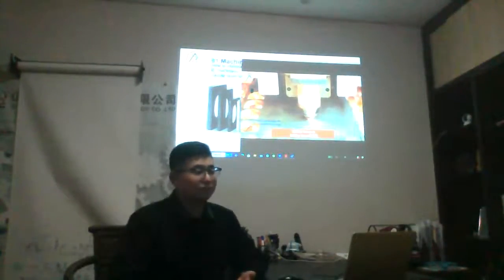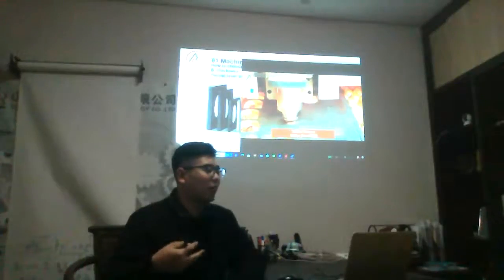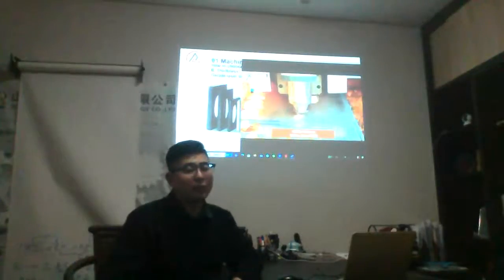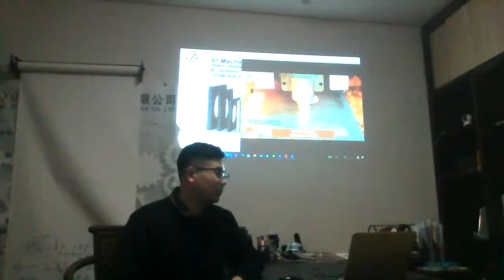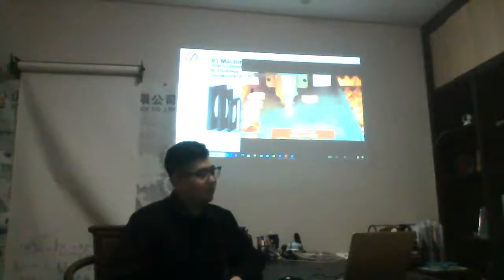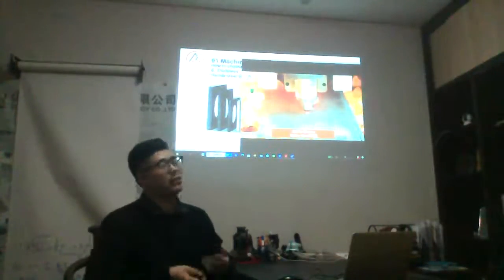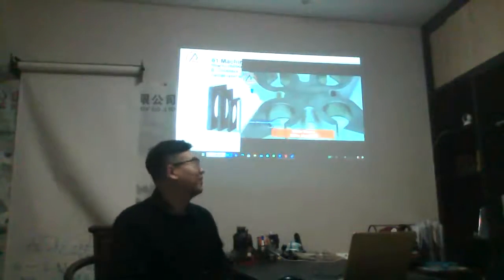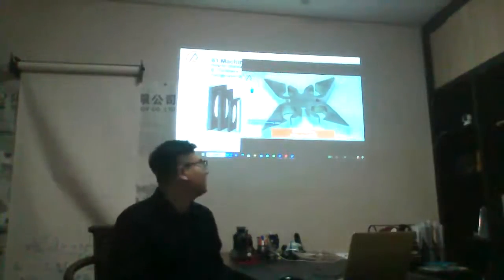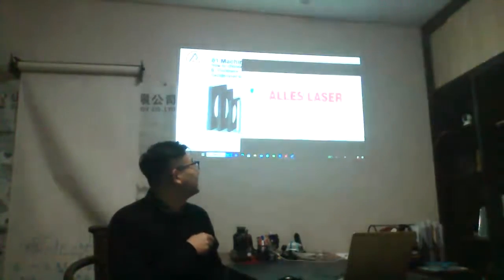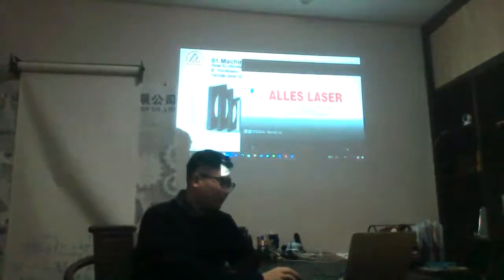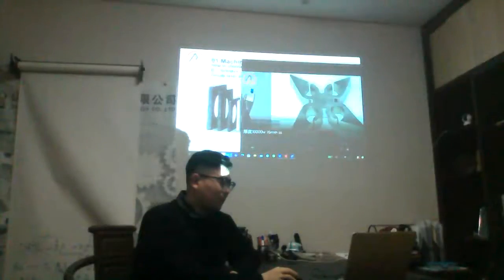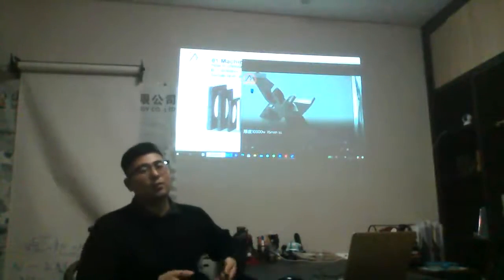We can see the thickness is very big, so the cutting is very slow, but the surface is also beautiful. We can see the thickness is very big.